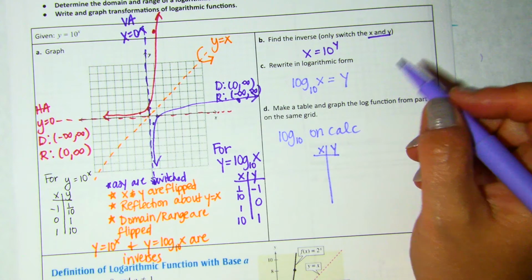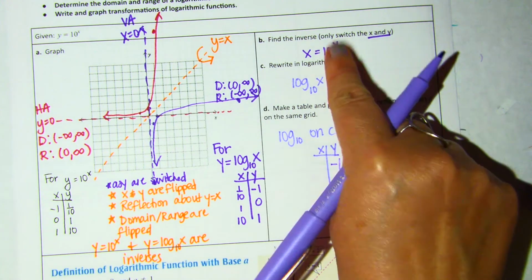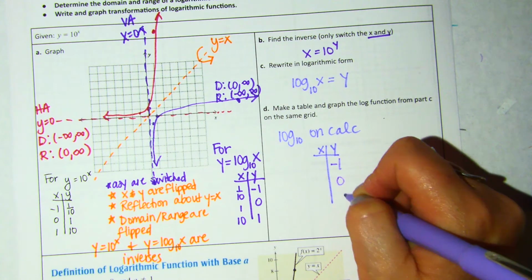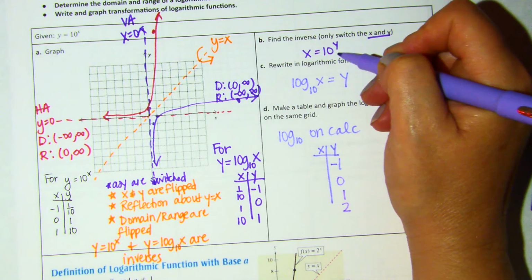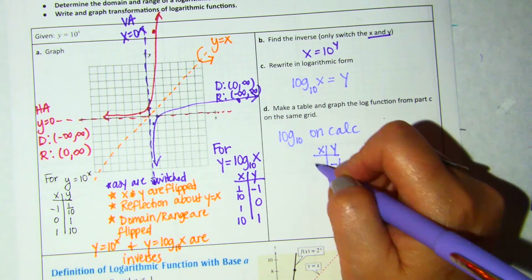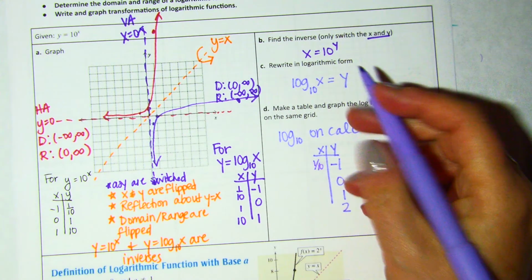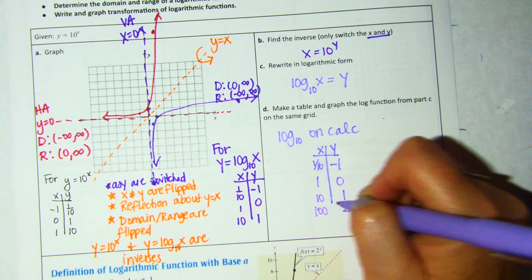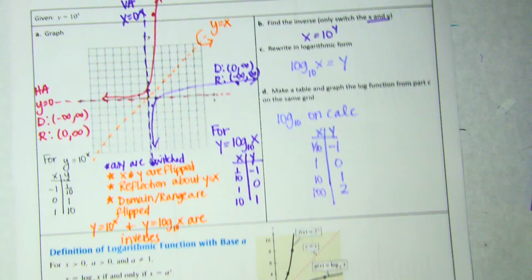That works as well. I would probably start by just plugging stuff into here. It's just easier. So 10 to the negative 1 is 1/10. 10 to the 0 is 1. 10 to the 1 is 10. 10 squared is 100. Okay.